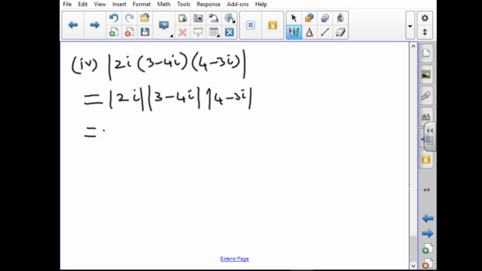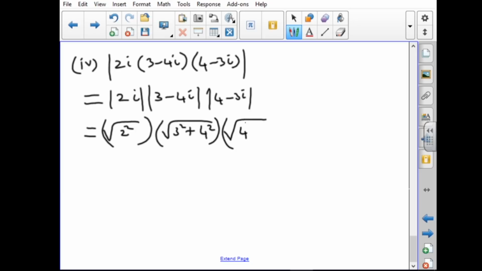So it is equal to root of 2 square into root of 3 square plus 4 square into root of 4 square plus 3 square. So it is equal to root 2 square is root 4, which is 2, and this is root 9 plus 16, which gives you root 25.